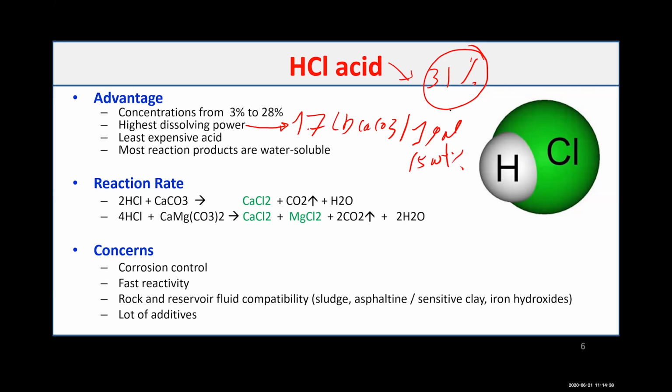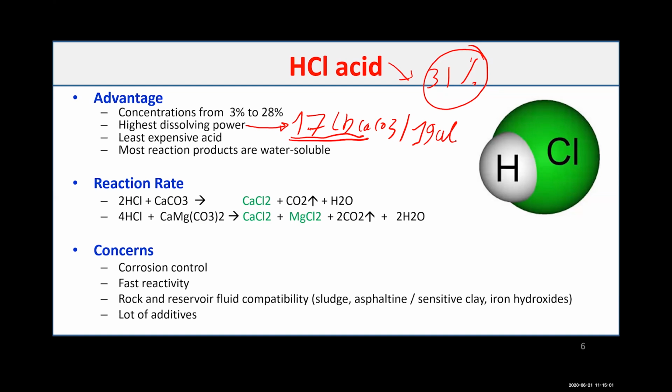Imagine, if you dilute it to half, you still get really huge dissolving power. We are talking about 1.7 pounds for each 1 gallon of material. Let me write it a better way. So it's a very strong dissolving chemical, can dissolve a lot of material.